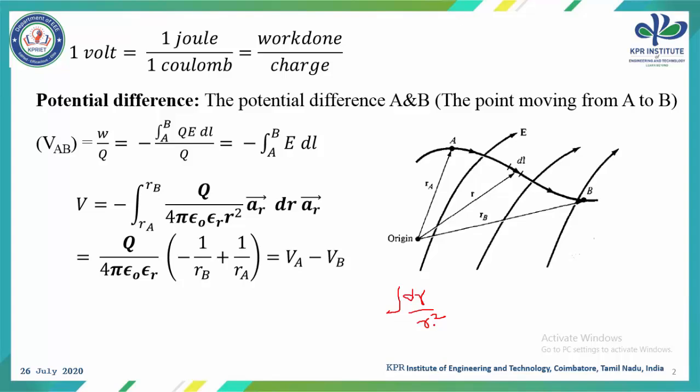Now you want to integrate this. You have to bring this term to the numerator. Therefore r power minus 2 into dr. Now what is the formula for integration? Integration of x power n into dx is equal to x power n plus 1 divided by n plus 1.